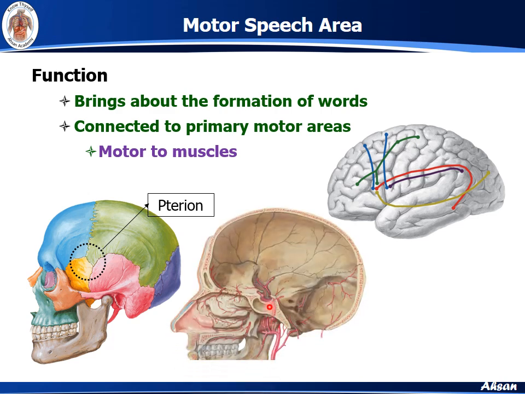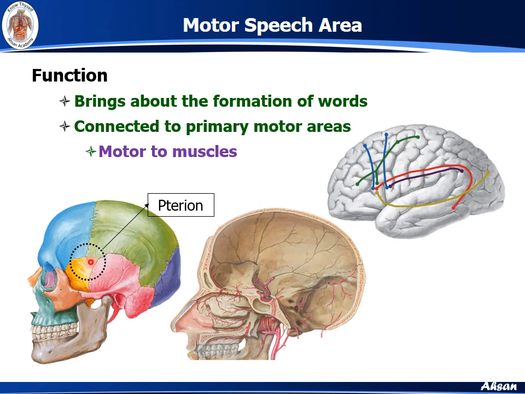So deep to this lies one important structure. You can see the anterior division of the middle meningeal artery lies very close to this. Even within the bone you can see a tunnel there that is transmitting the artery.